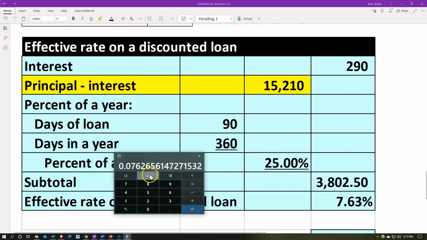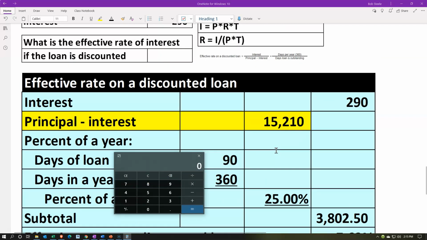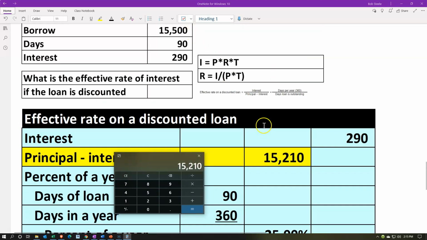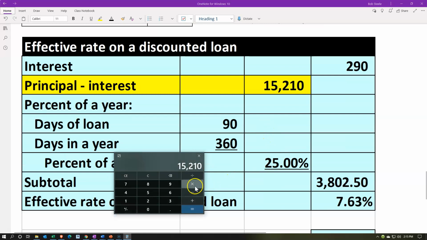The principal is 15,210, because that's what we're actually going to get. We're not going to get the 15,500. Times the rate, which is about 0.0763, times time, which is 25% of a year, 0.25, 90 divided by 360, which is about the 290, because again, there's rounding involved here.